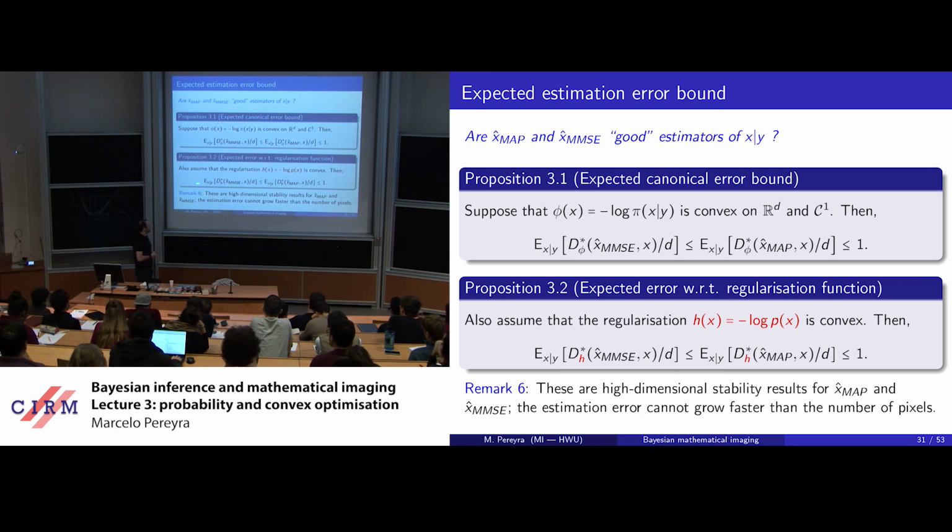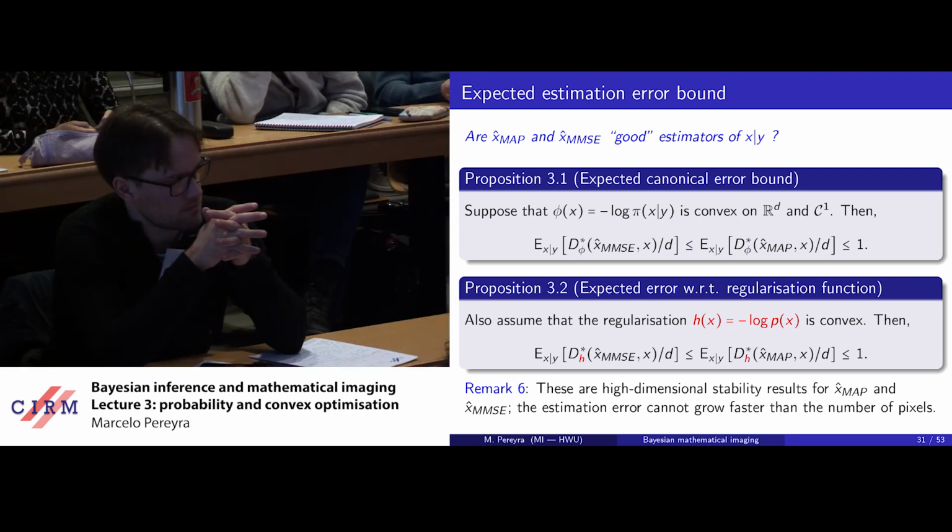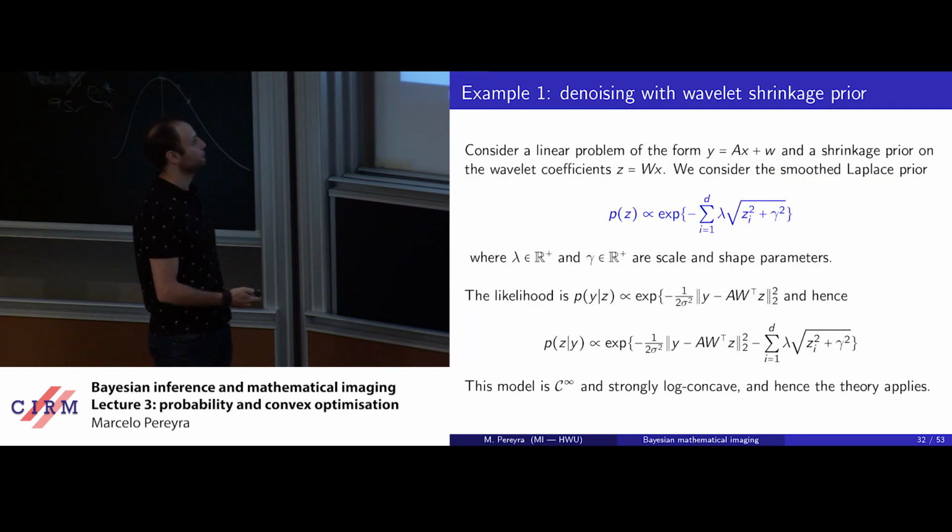The expected error with respect to this Bregman divergence, which people in the variational community use frequently, is also bounded by 1 for both estimators. So this gives us confidence that in high dimensions the estimators will work well. This is not new. We had empirically already discovered that they work well and we use them all the time. Now there's a bit of theory to support that.